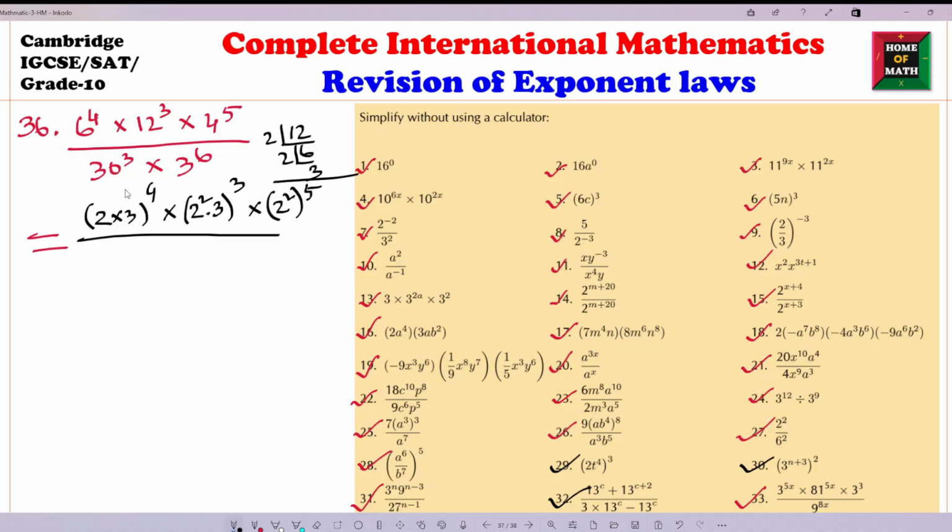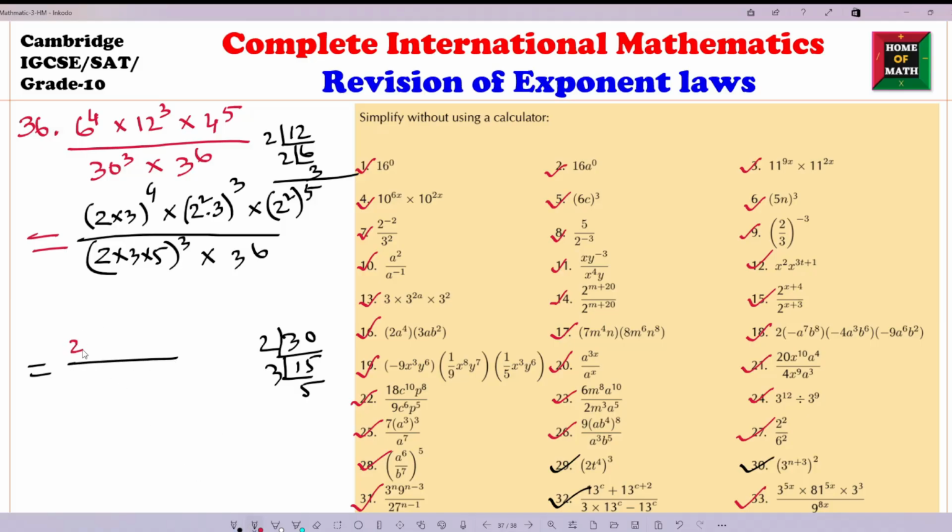Okay, and this 30 divided by 2, so 15 divided by 3, it will be 5. So 2 times 3 times 5 to the power 3, then 3 to the power 6.